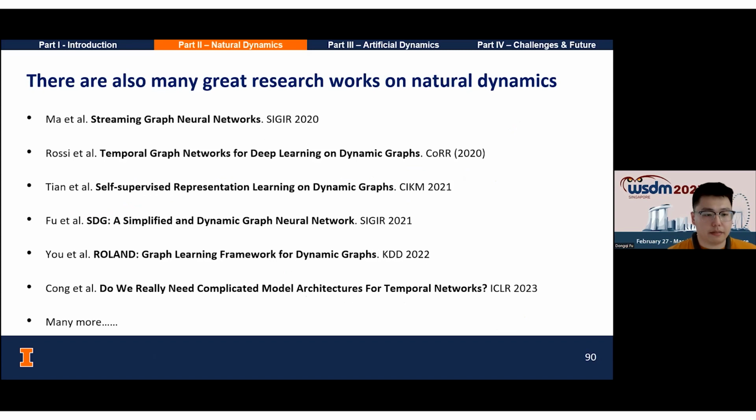For example, contrastive learning across different time steps, fast computation techniques, or simplified architectures for temporal networks. We do not have time to go through these works, and there are many more great research works about temporal dynamics and graph neural networks.